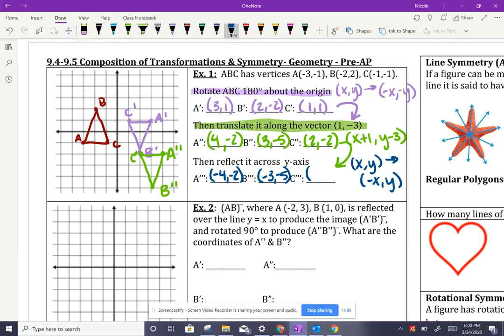And then C triple prime, -2, -2. So now we are going to plot over here. So we have rotated, translated, done all sorts of movements 3 different times, and now have 4 triangles.